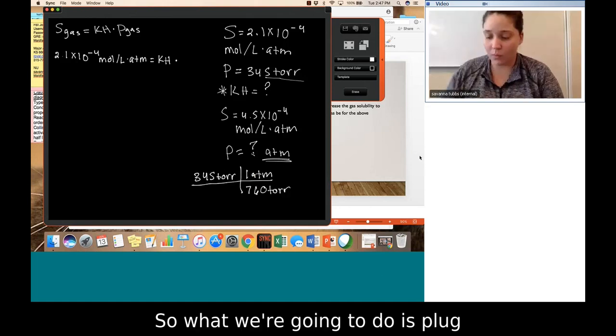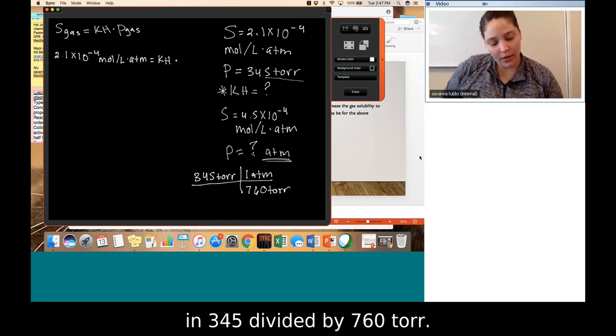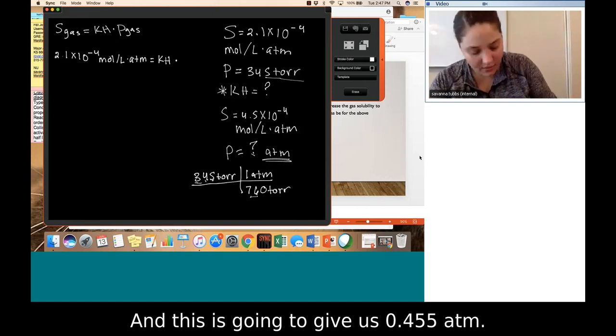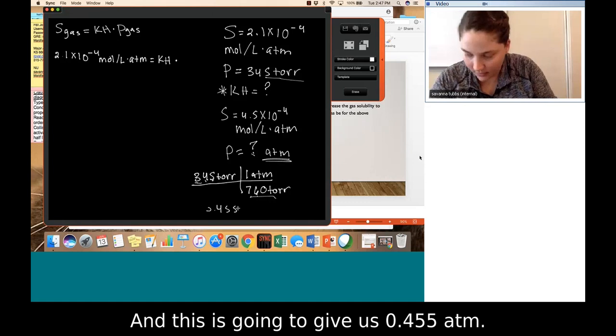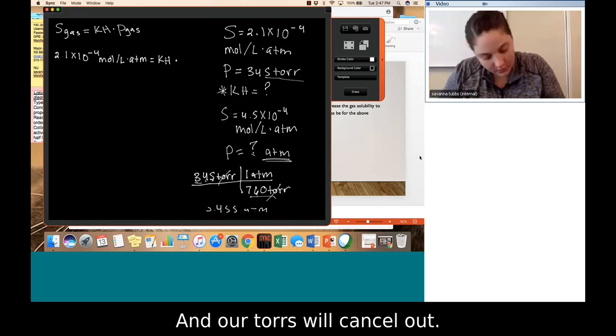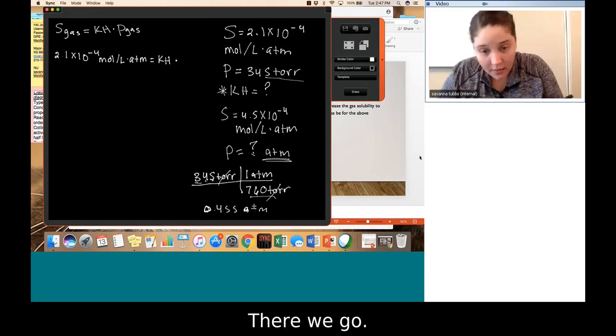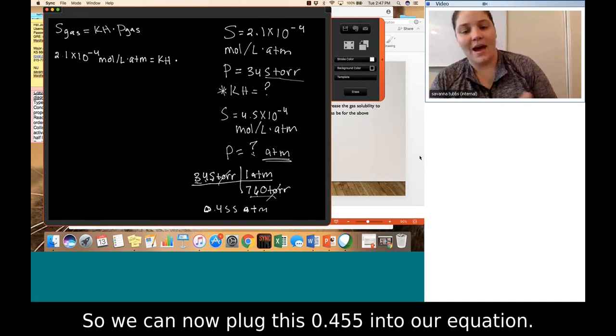So what we're going to do is plug in 345 divided by 760 torr. And this is going to give us 0.455 ATM, because our torrs will cancel out. So we can now plug this 0.455 into our equation.